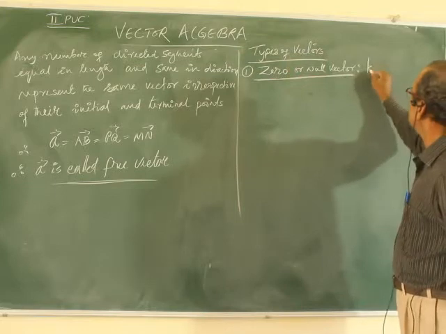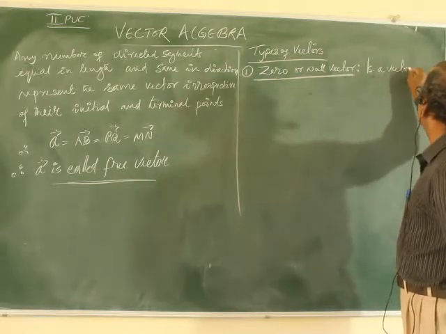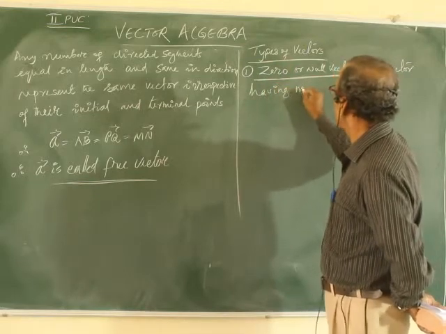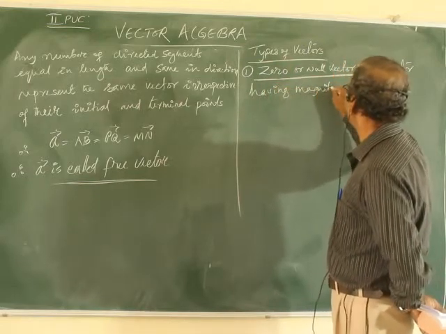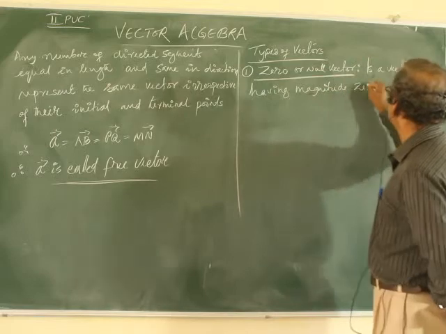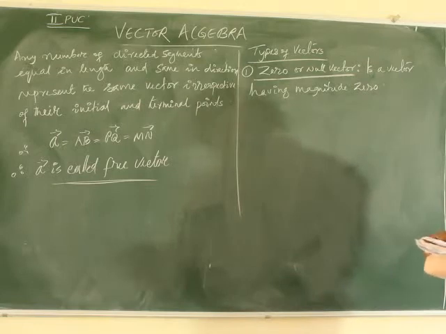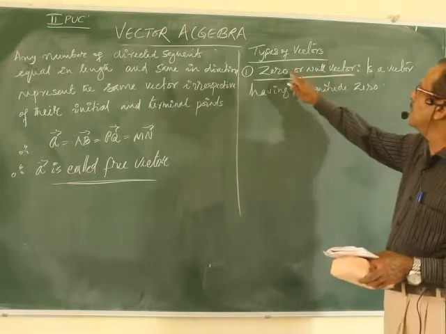Let me continue. A zero vector is a vector having magnitude 0. Its initial and end point coincide.